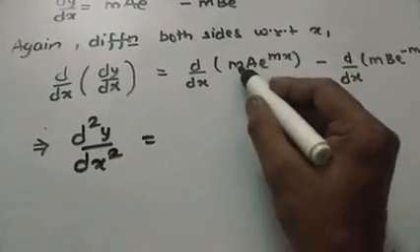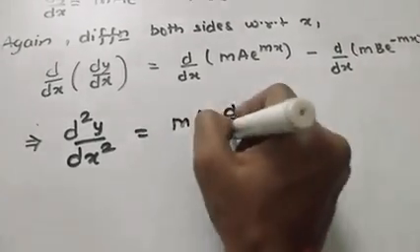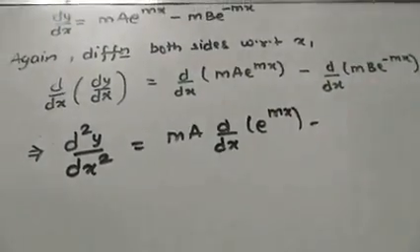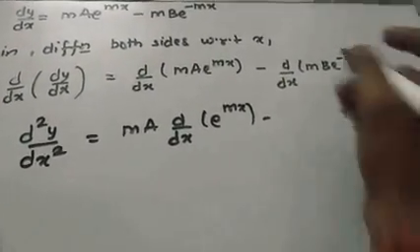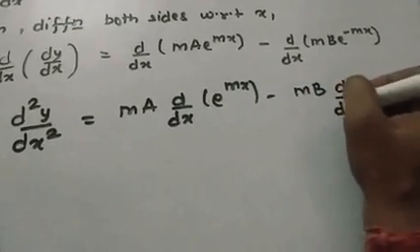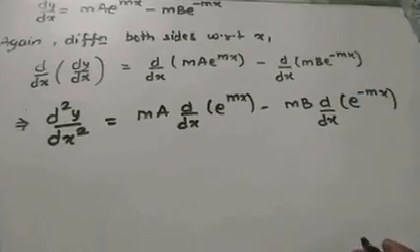Now here m is a constant, a is a constant. Let us take the constants out of the derivative, so it remains d dx of e to the power mx minus, again here m is a constant, b is a constant. Let us take both out of the derivative, and it remains e to the power minus mx.